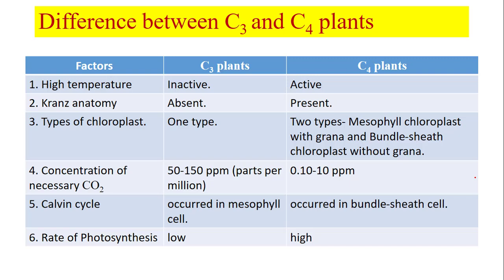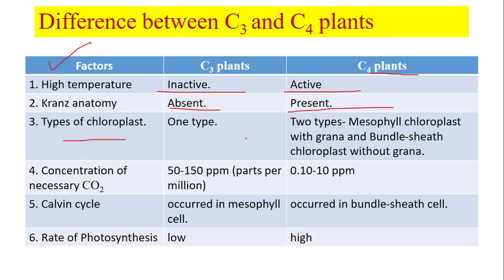Difference between C3 and C4 plants. There are some factors. First one is high temperature. In high temperature, C3 plants are inactive, but C4 plants are active. In C3 plants, Kranz anatomy is absent, but Kranz anatomy is present in C4 plants.